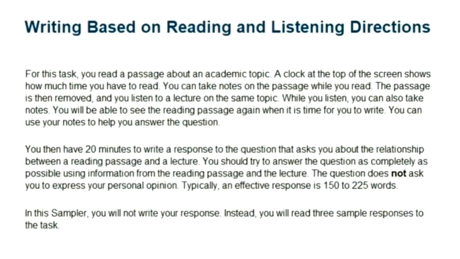On your computer screen, this is what you're going to see. For this task, you're going to read a passage about an academic topic. There'll be a clock at the top of the screen that shows how much time you have to read. And then you can take notes while you read. The passage is then removed and you listen to a lecture on the same topic. You should take notes while you listen.